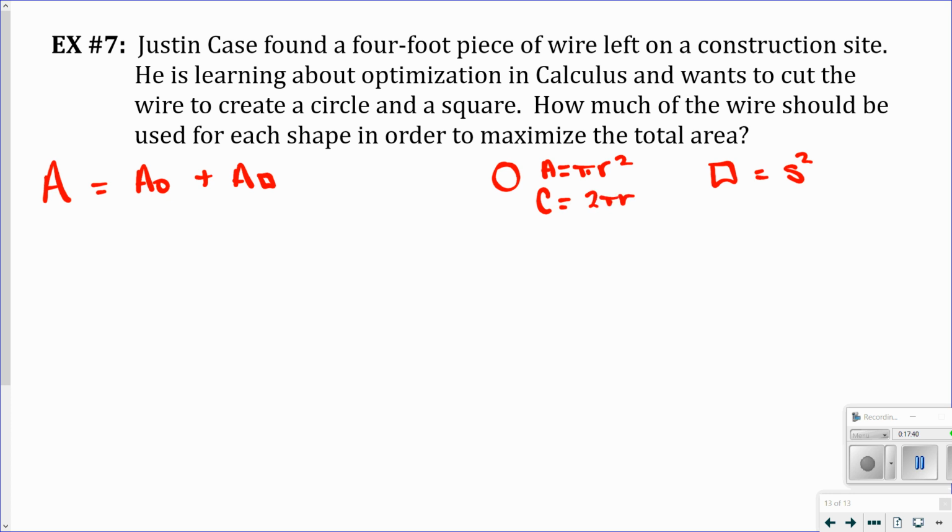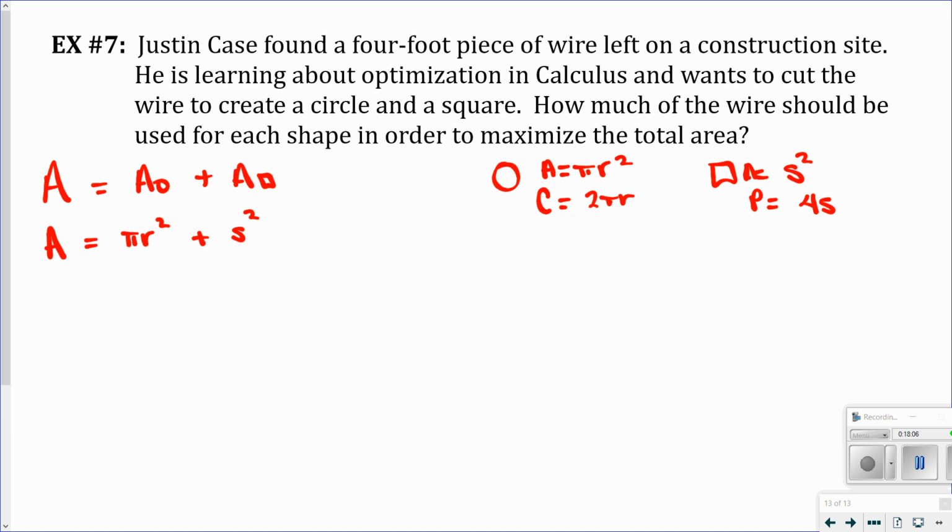And for a square, perimeter is 4 times the length of the side, 4 sides. So back to our primary equation over here, total area is going to be pi r squared plus side squared.